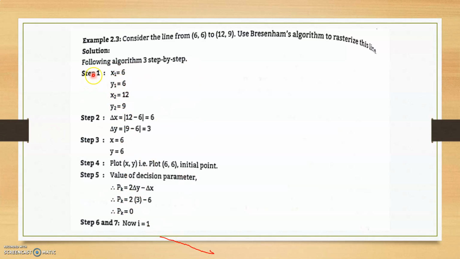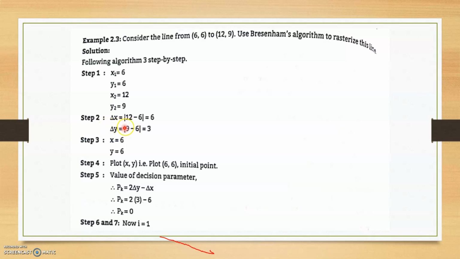In step 1, we assign the values of x1, y1, x2, y2. We know that x1 is 6, y1 is 6, x2 is 12 and y2 is 9. Then in step 2, we calculate the values of delta x and delta y.